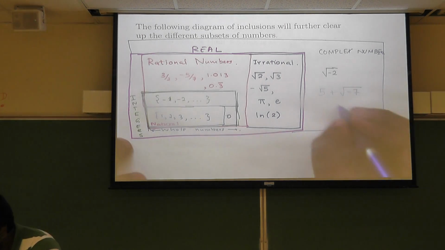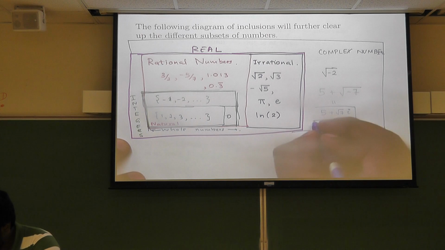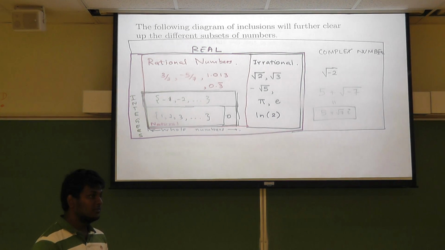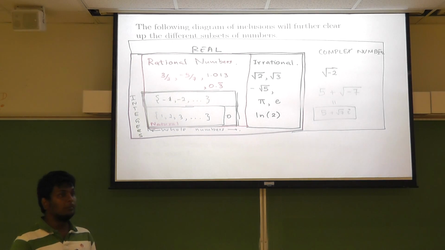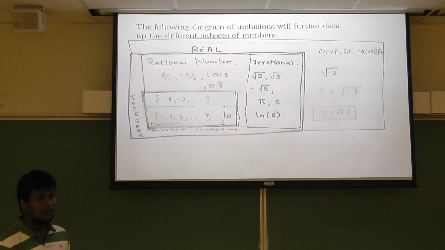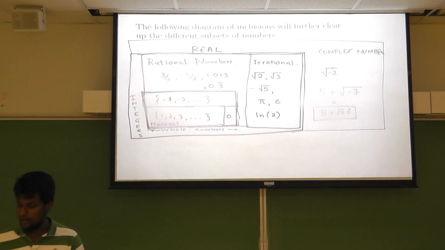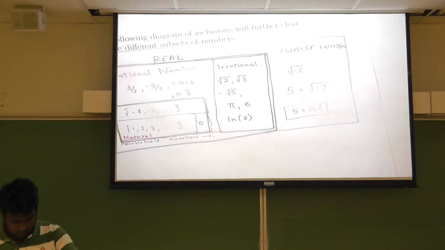We will call this in the future 5 plus root 7i, and these types of numbers are called complex numbers. The complex numbers will be the end of our universe, because we would not go beyond that. And this diagram should clear up any difficulties you have with picking which number goes where.